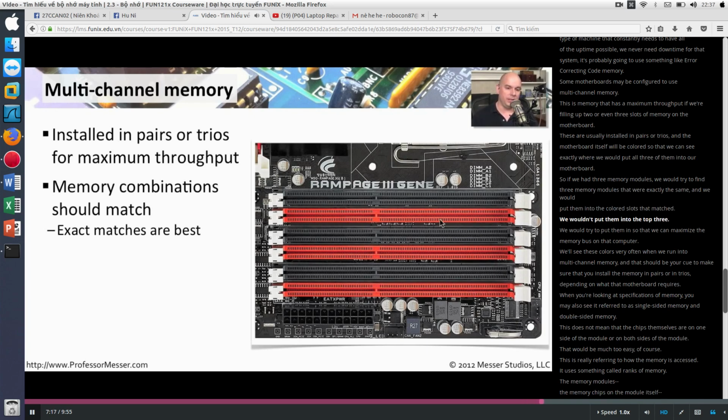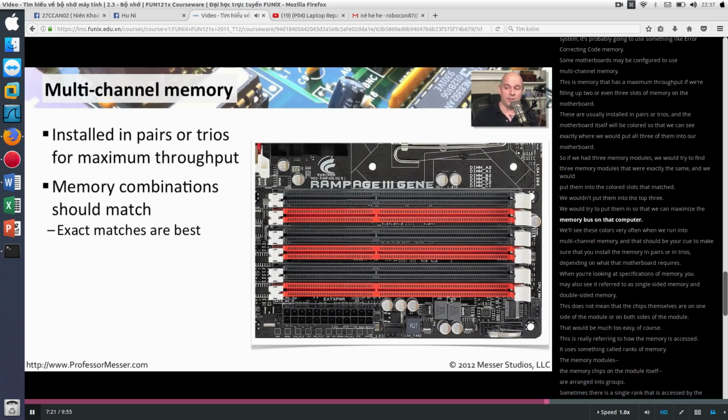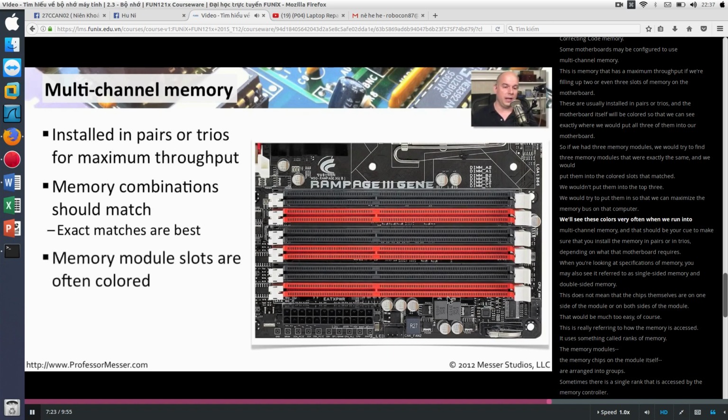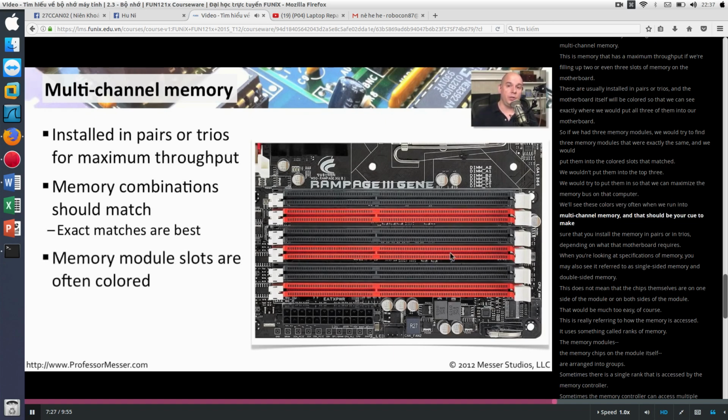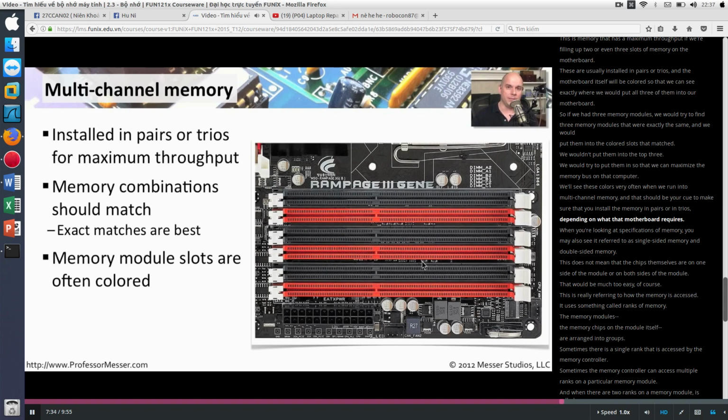We wouldn't put them into the top 3. We would put them in so that we can maximize the memory bus on that computer. We'll see these colors very often when we run into multi-channel memory, and that should be your cue to make sure that you install the memory in pairs or in trios, depending on what that motherboard requires.